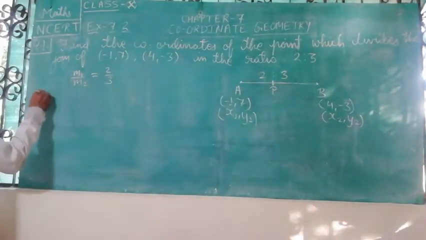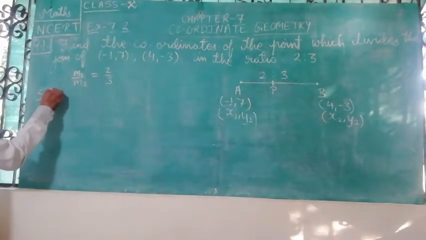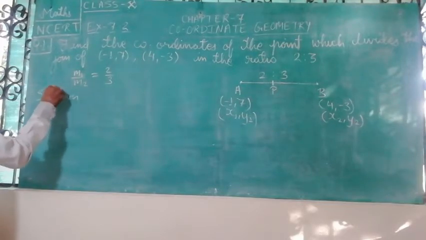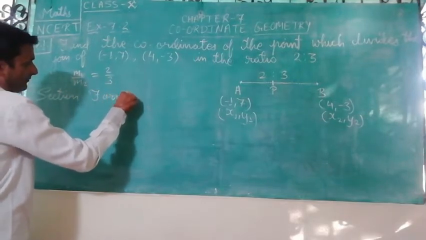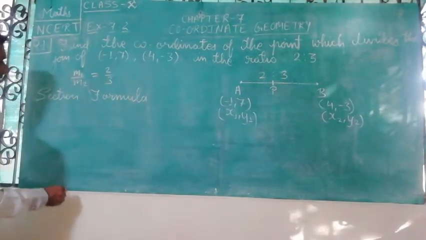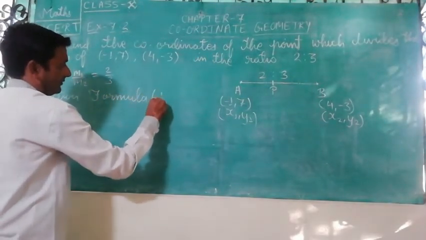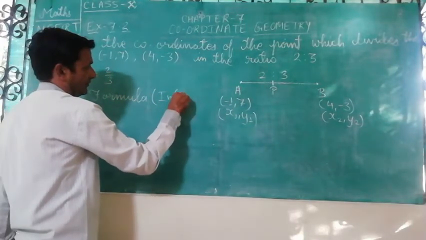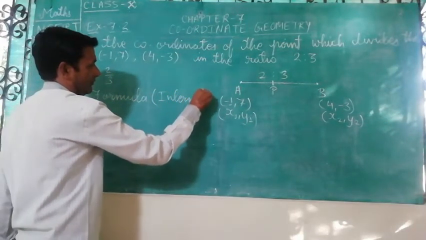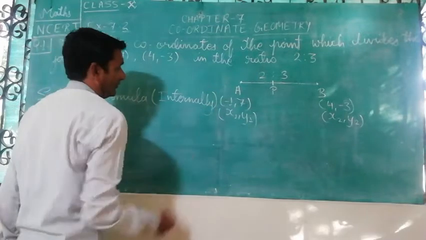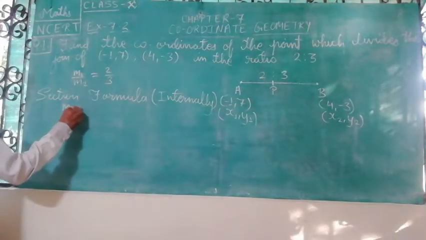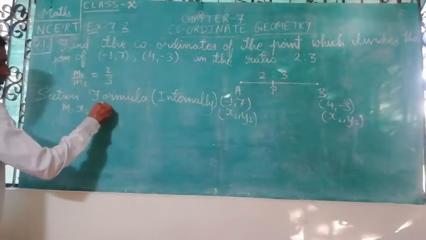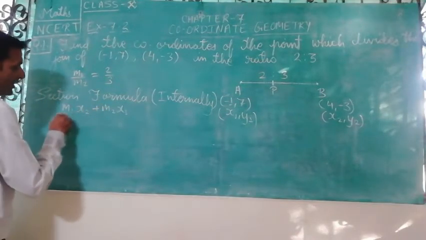So what is the section formula? Section formula, internally we can say: m1 x2 plus m2 x1 upon m1 plus m2.